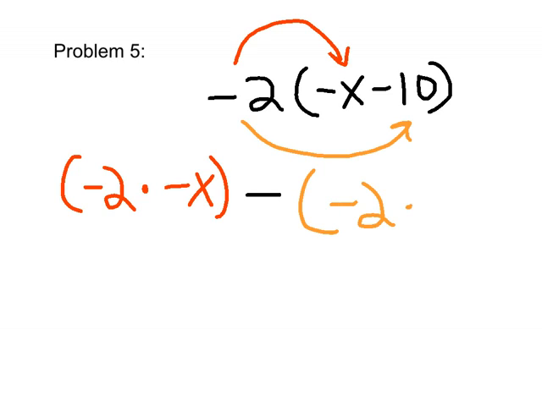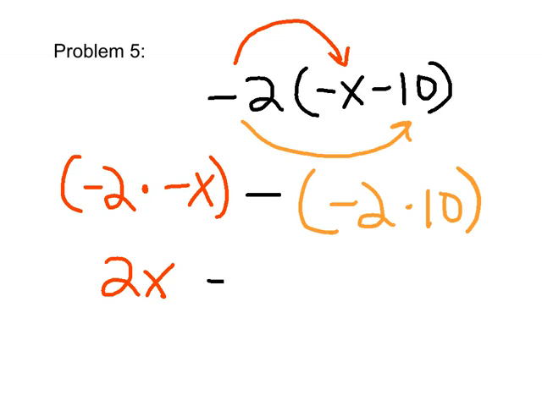Negative 2 times 10. You'll notice that I separated this sign from this number. That helps me. You don't have to do it that way, but that's what helps me. Alright, well let's go ahead and simplify what we have. I have negative 2 times negative x, which is a positive 2x.